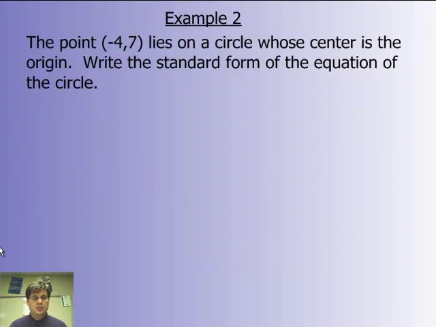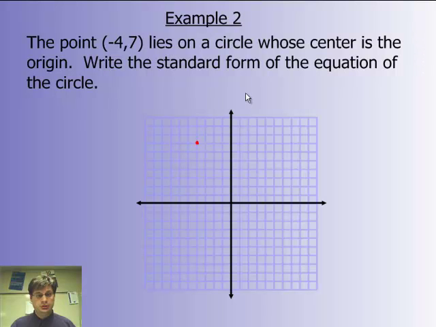Okay. In my next example, we have a point, 4, -7, and it lies on a circle whose center is the origin, and we're going to write the standard form of the equation of the circle. So in this case, we're just given a point, and we're told what the center is, and then we're expected to come up with the equation. So it looks like this.